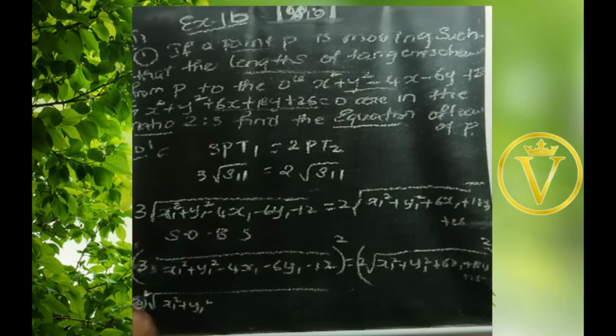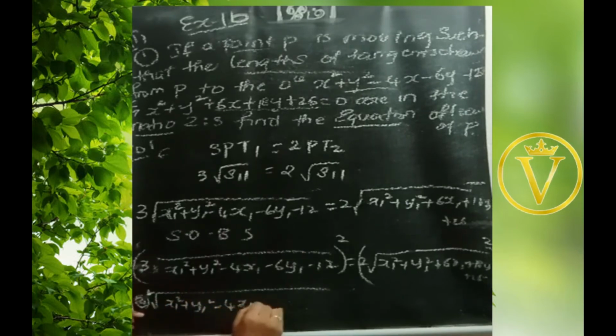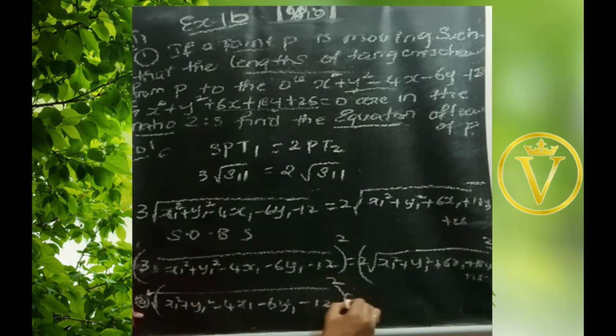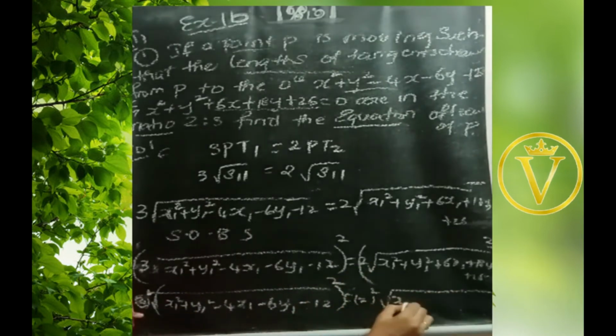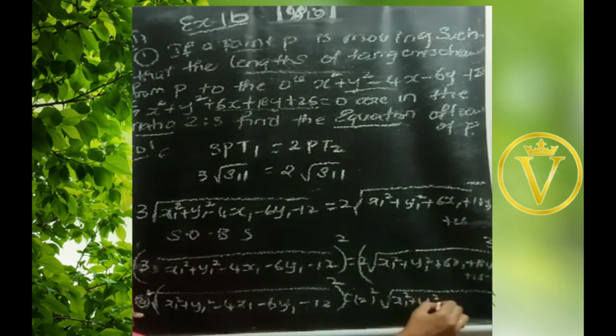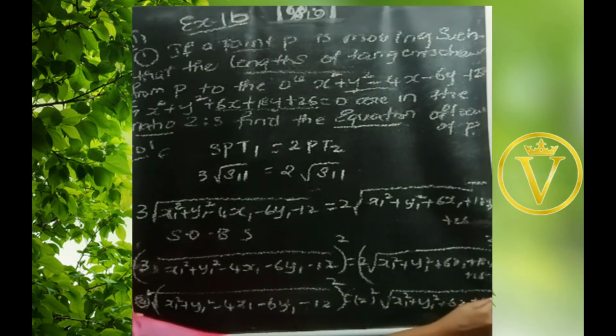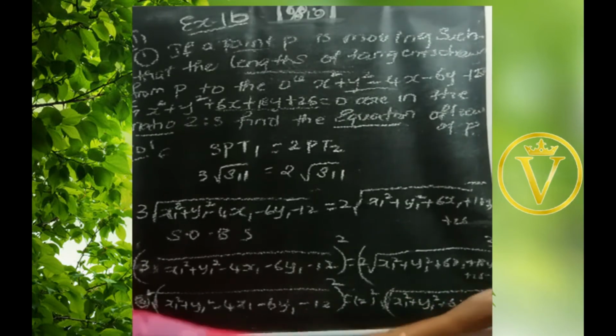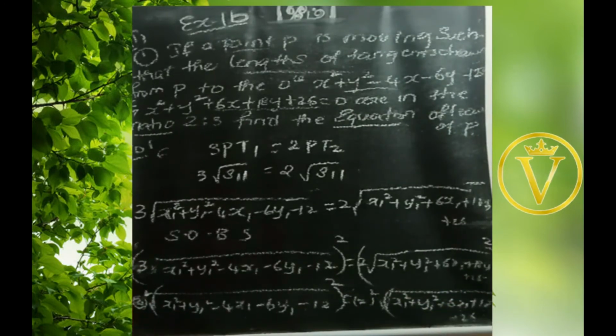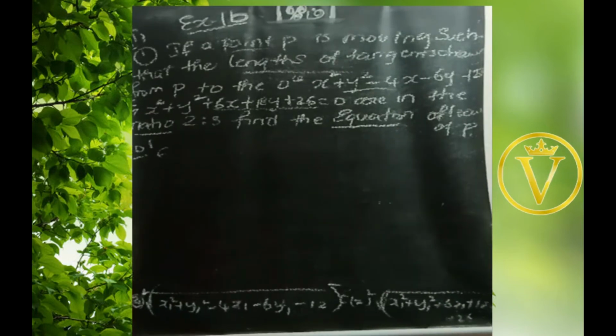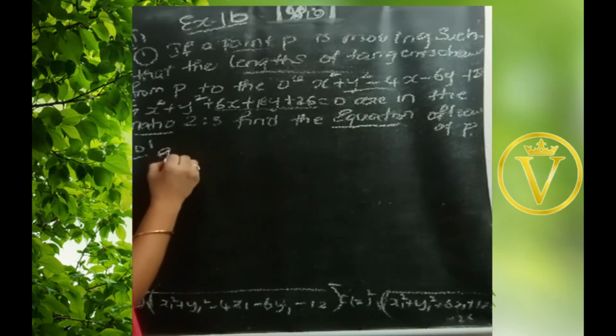I will write step by step so some students can understand. 3 squared is 9, and 2 squared is 4.